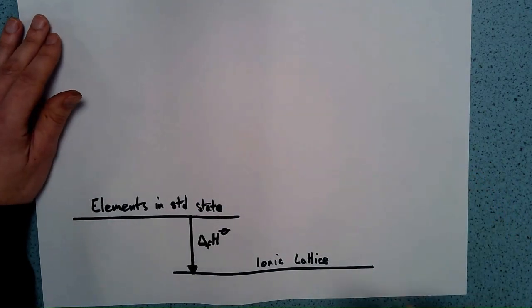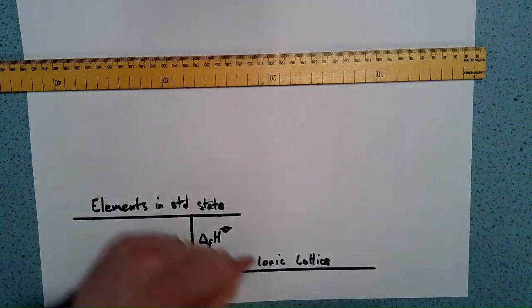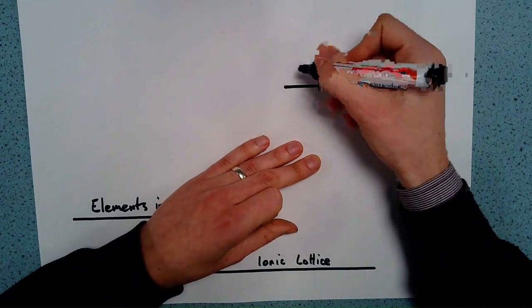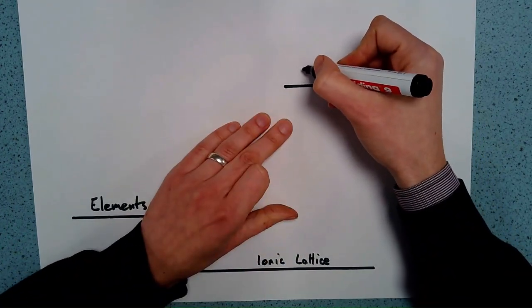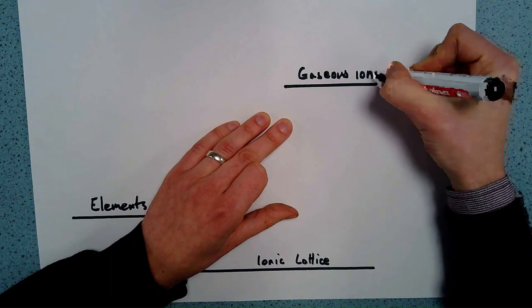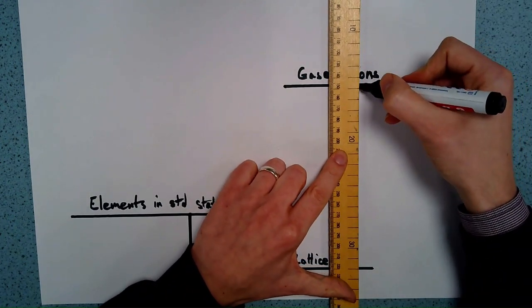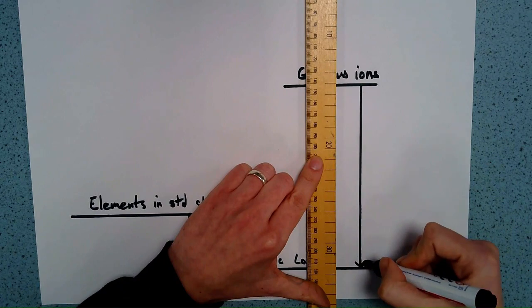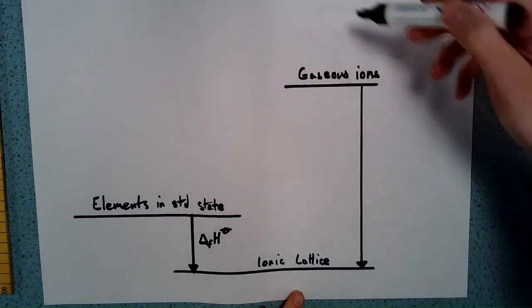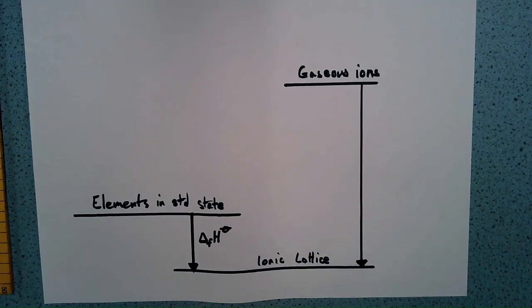So if we can't measure directly the energy change between the ionic lattice and our gaseous ions, then we need another way to get to gaseous ions from the elements in the standard state, and that should have the same quantity of energy going that way as we get in this large arrow here, which is our lattice energy, which we're trying to work out.